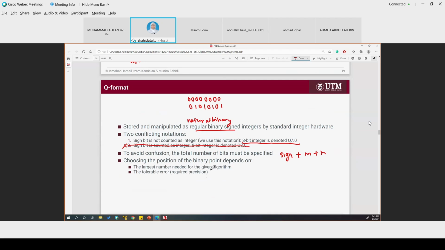The largest number needed for the given algorithm means how many bits are needed in the integer part.